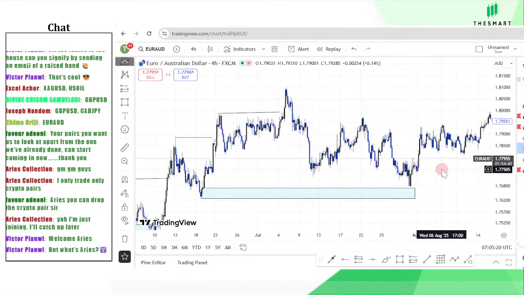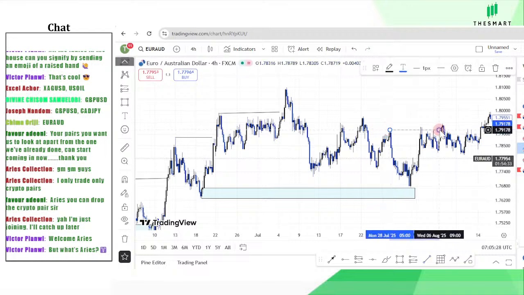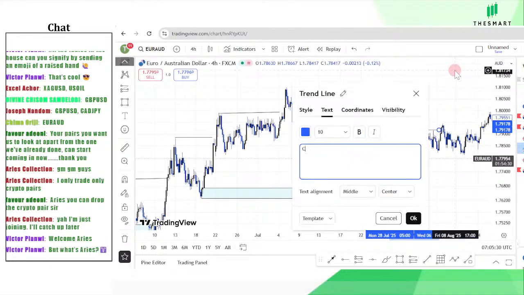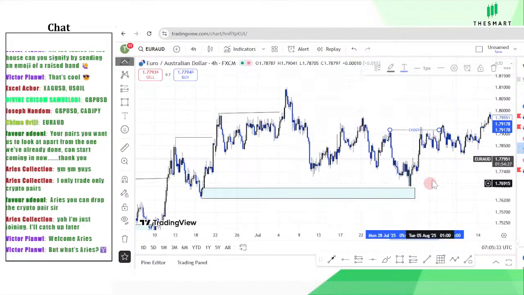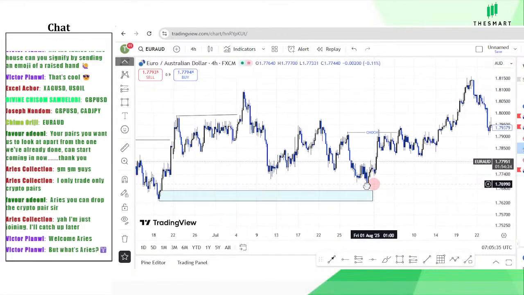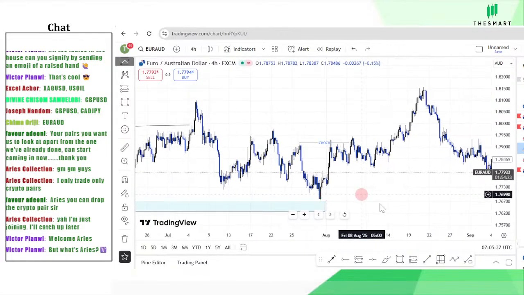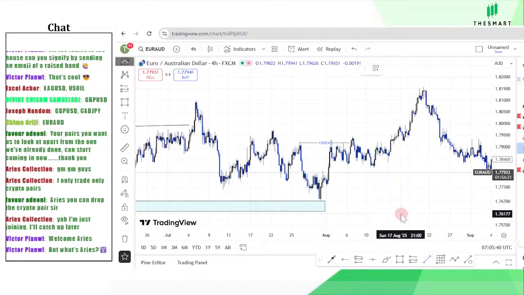So let's see if we had a valid change of character. We have a change of character to the upside again at this point. We have this break of structure.